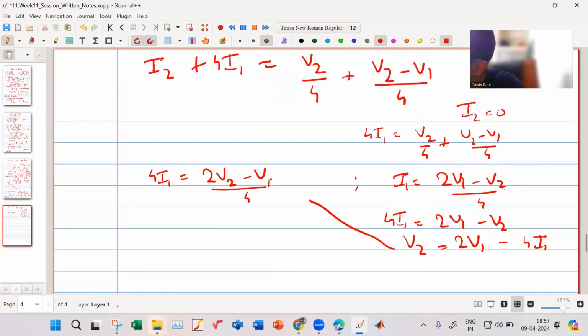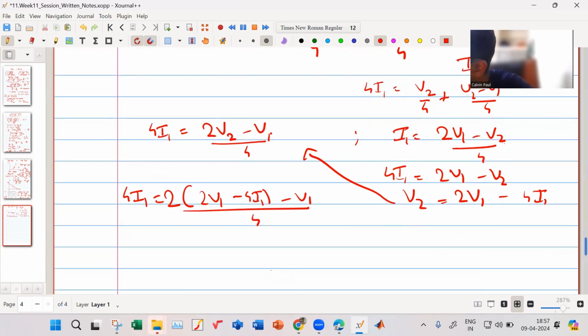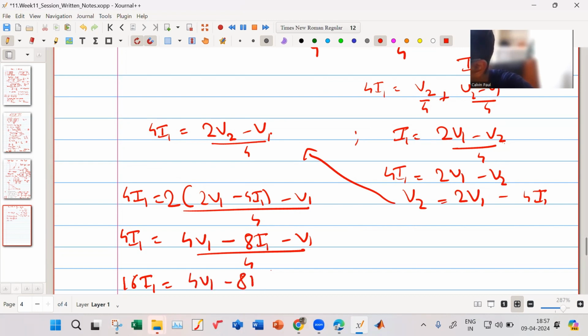So this I will substitute over here. I will get 4I1 equal to 2 into V2, which is 2V1 minus 4I1, minus V1, upon 4. So 4I1 is equal to 4V1 minus 8I1 minus V1 upon 4. So 16I1 is equal to 4V1 minus 8I1 minus V1.